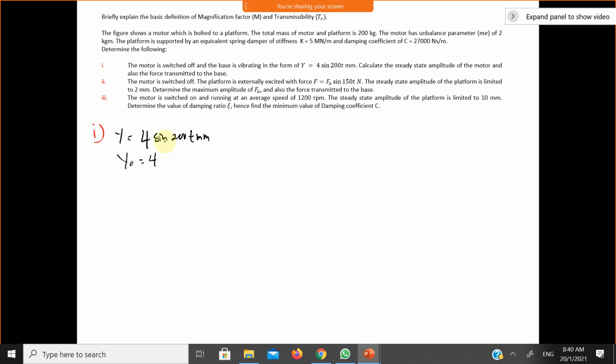What is 200? 200 is omega f, 200 radian per second.